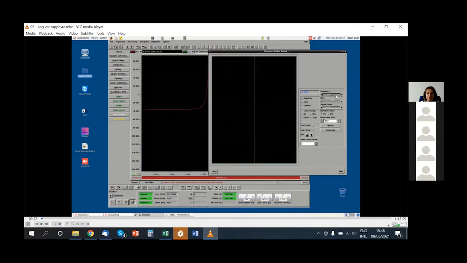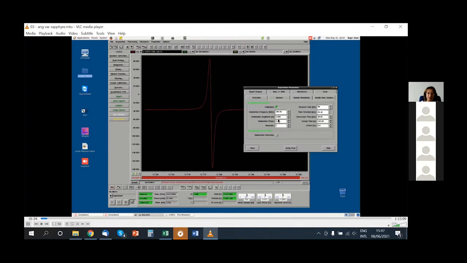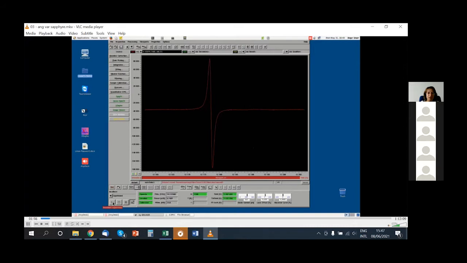So I have inserted the single crystal sample, which has on top a thin film of zinc oxide doped with manganese. And I will do some angular variation.